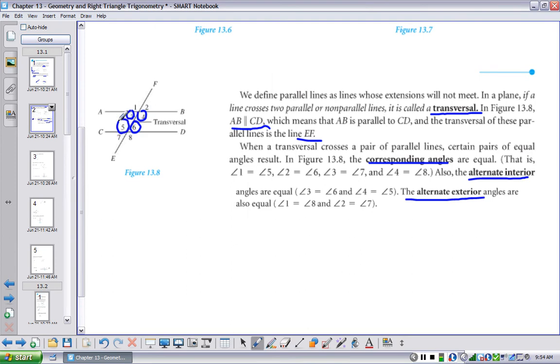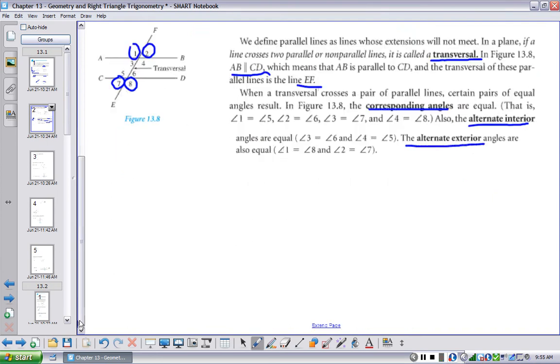They are alternate interior angles. They are equal. Then we have alternate exterior angles, and they're equal. So 1 that's on the outside and 8 outside of those parallel lines, they're equal. And angle 2 and angle 7, those are alternate exterior angles, and they are equal.